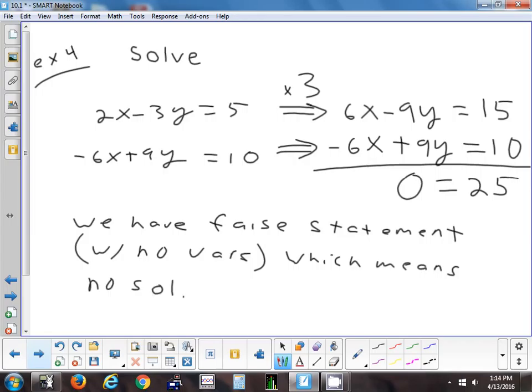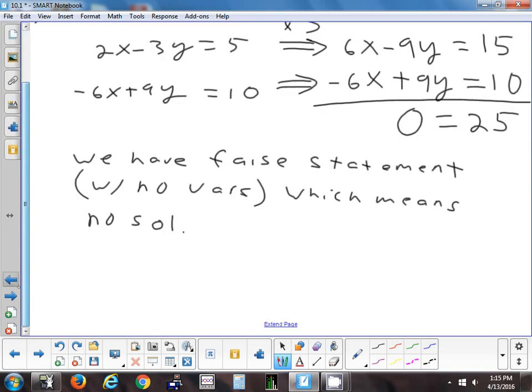Plus z equals 24. What equation do I want to use with that now? 2. Take equation 2 and equation 4, and you don't even have to do anything. Just add them up and get rid of z.